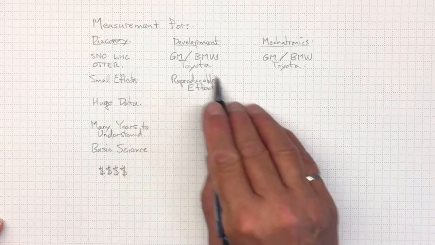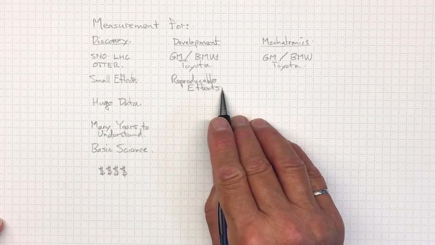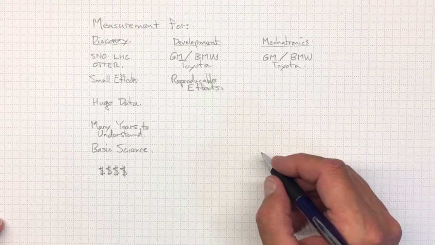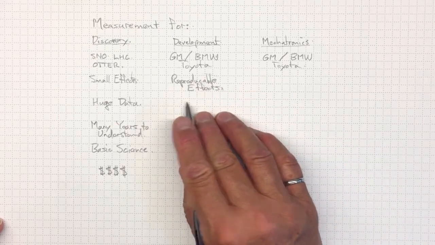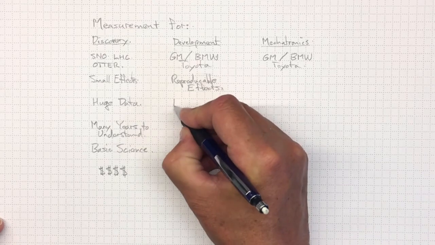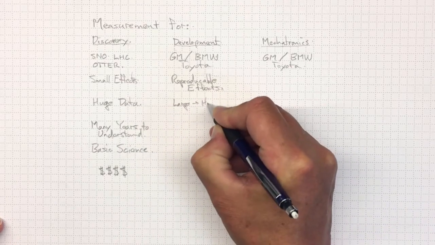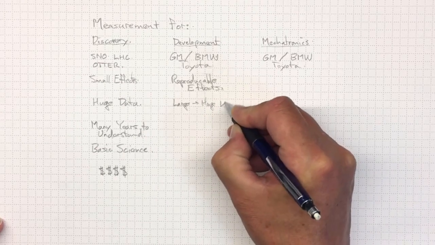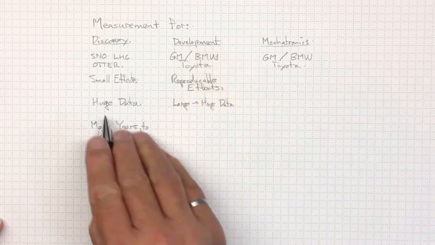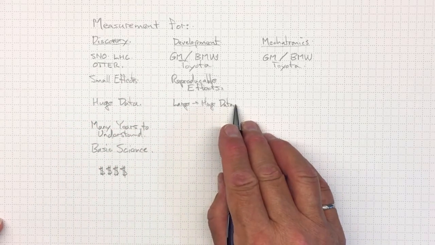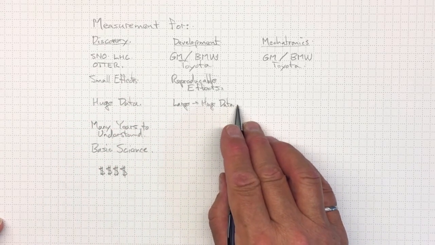So we're more interested in the larger scale activity that we can reproduce in many, many different cars. And we're still going to wind up with a lot of data because we've got to do a lot of testing, but it may not be quite as much data. So we're still looking at large to huge quantities of data. And with these large amounts of data, we're going to have fairly substantial computational resources to work on them.